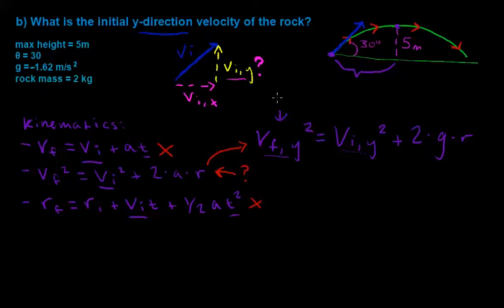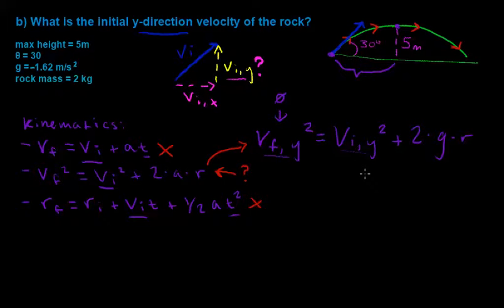So if we say that this value is 0, and we're looking for the y direction initial velocity, we have acceleration due to gravity, and we know this maximum height, we really have everything that we need in order to solve for our y direction initial velocity.